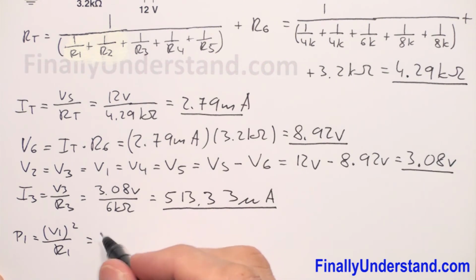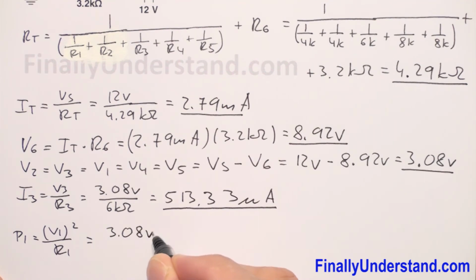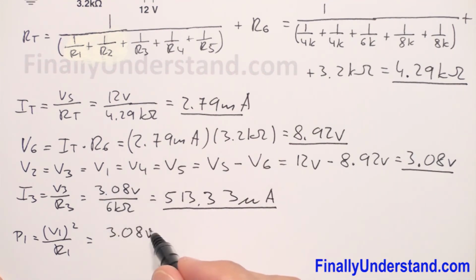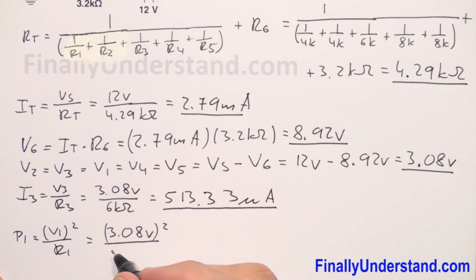V1, we said, is 3.08 volts to the second power over R1, which is 4 kilo ohms.